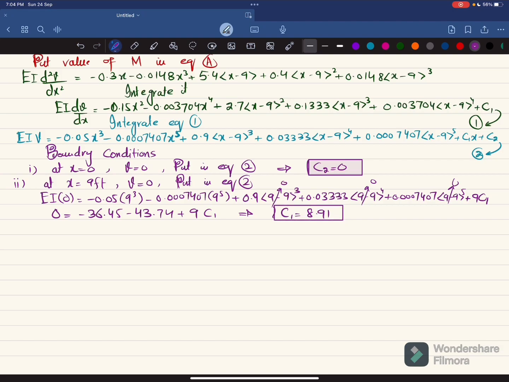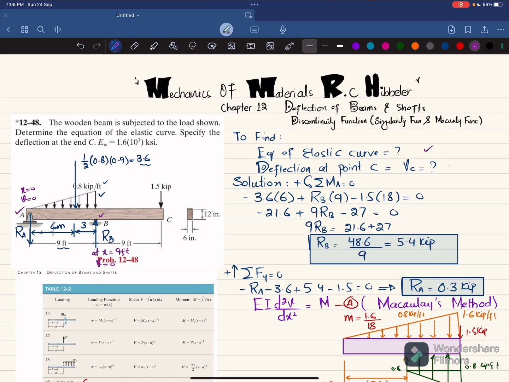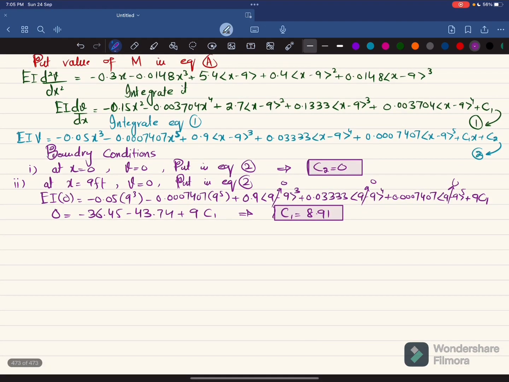Now you have c1 equal to 8.91, and what we have been asked to find is the equation of the elastic curve and the deflection at point C. So we put the values of c1 and c2 in equation 2 and divide by EI on both sides to get the equation of the elastic curve.